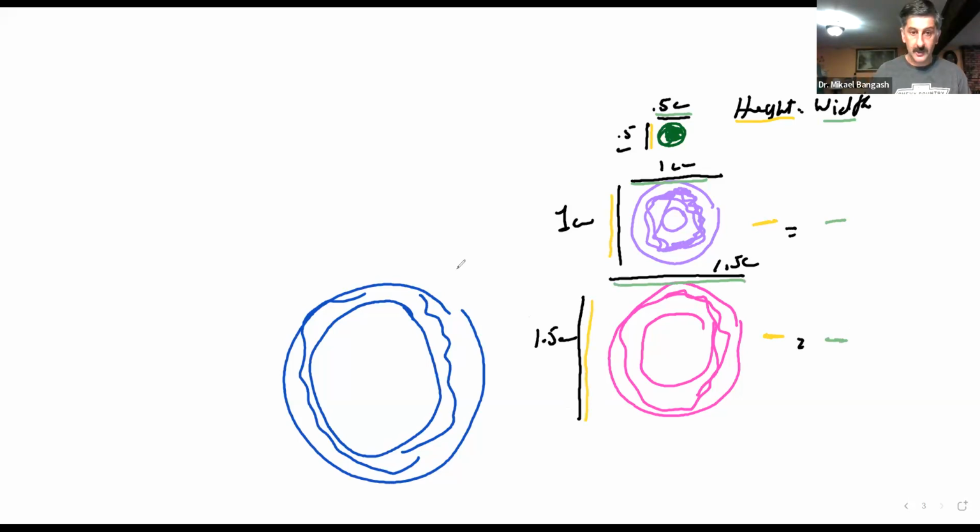Then we go on to the next one here. This one here is the width, this is the height, and we can say this may be 2 centimeters wide and 2 centimeters tall. So it's going to be the same: for this one the width is equal to the height.